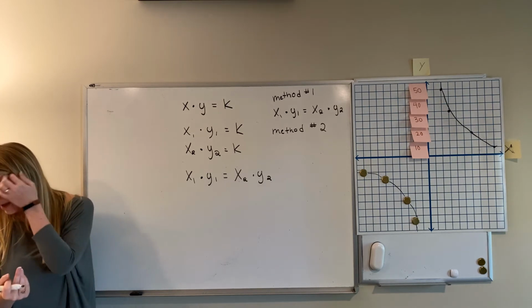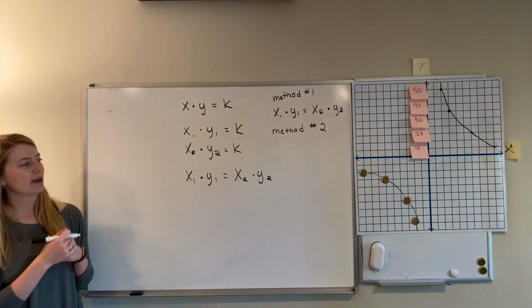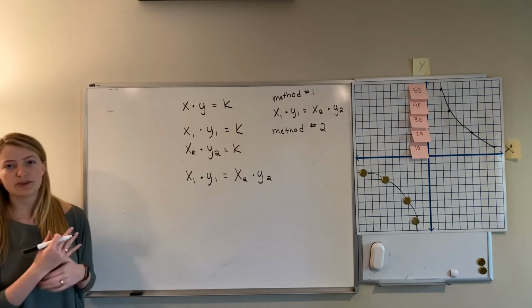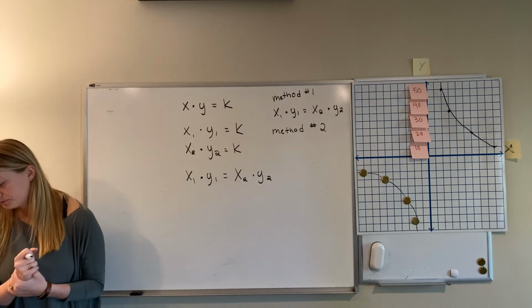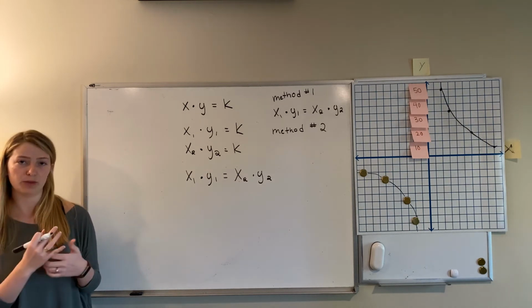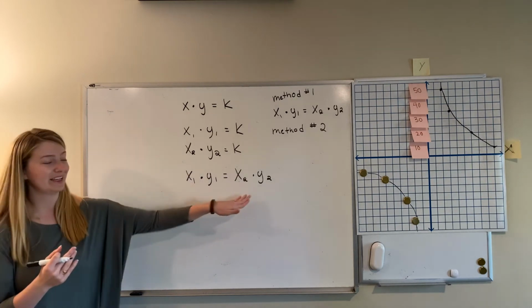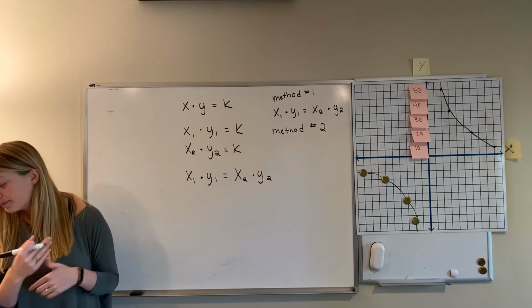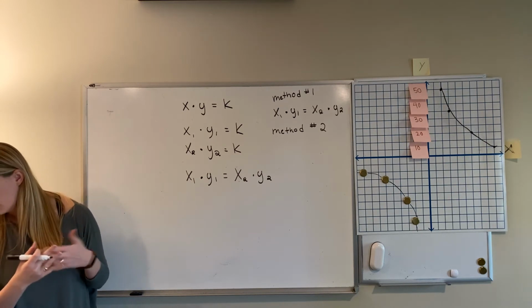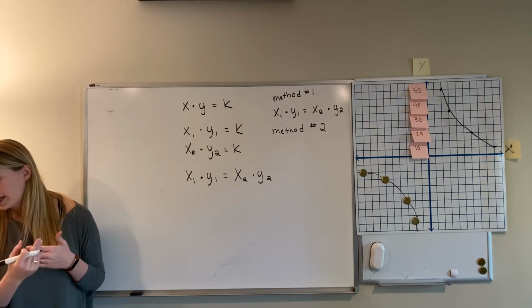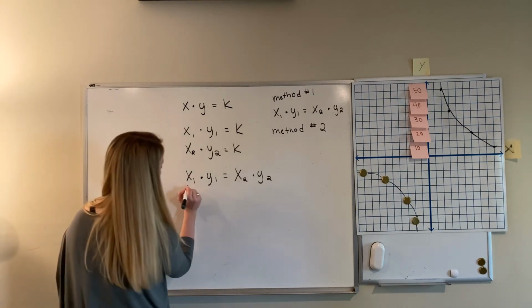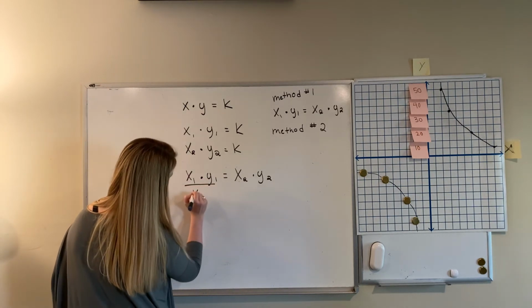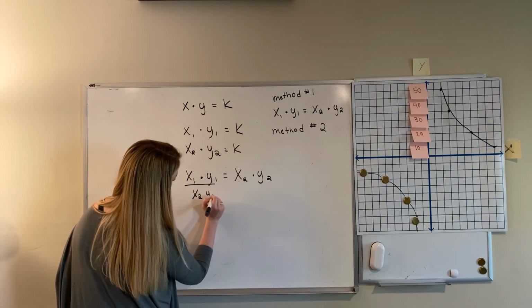In order to do that, we're going to divide each side by common factors to see if we can get it stacked a little bit differently. So it doesn't matter which ones you pull, but you need to pull one from each to divide out. So what I'm going to do is to mirror their book, and they say, use the product rule for inverse variations and divide each side by x2, y1.